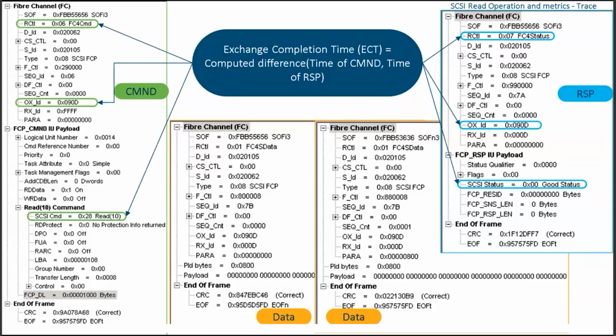I can look at the transfer length to figure out the IO size, even though in SAN analytics architecture we don't do that, but it's possible. However, the ECT is not carried within the header. What we generally do is maintain state and take a time difference between the command and the response. This is where our clock comes into play, and based on the same exchange going in the other direction, we take a time difference.